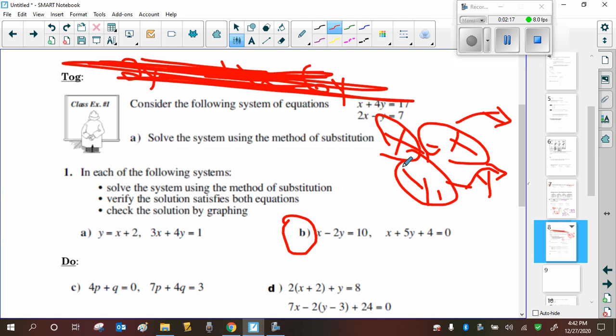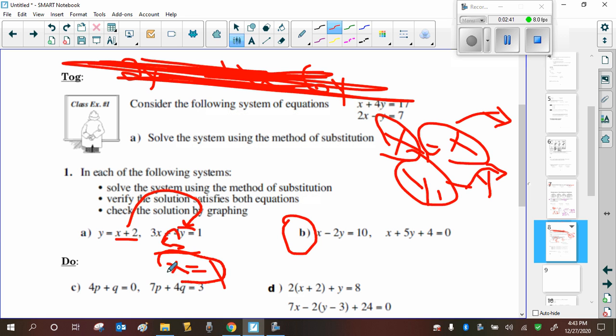So the first step is to solve for x or y. Once we do that, okay, so let's say we did that and that was our answer. Then we substitute this into the other equation for the y. Then you distribute, collect like terms, solve, and you get x equals, I don't know what it is, 1. Feels like you're done? You're not.